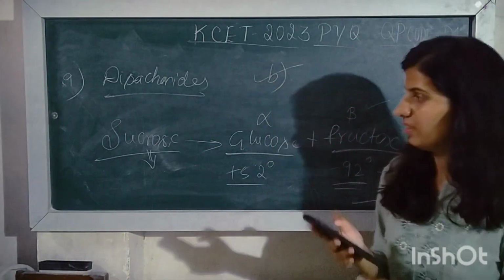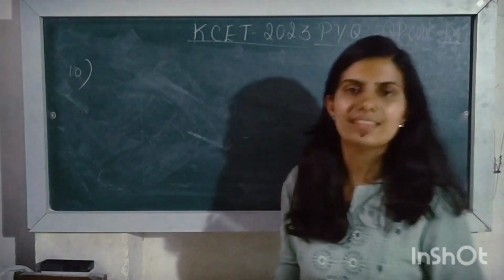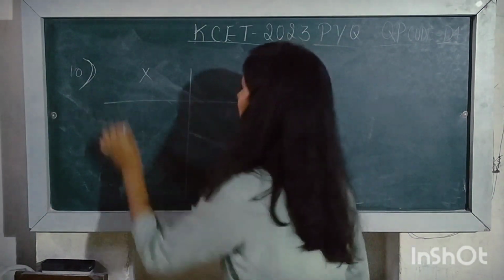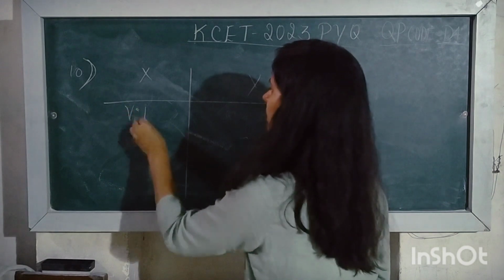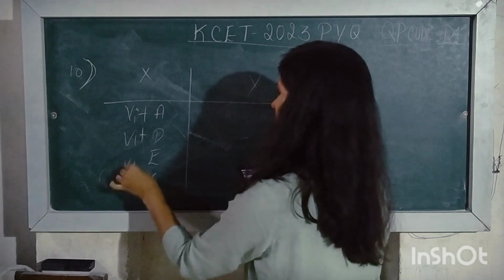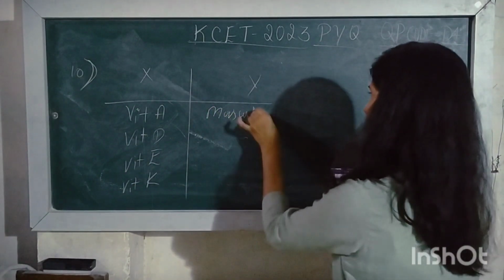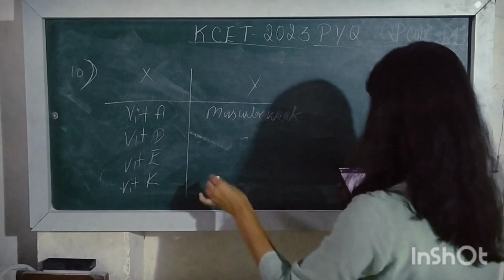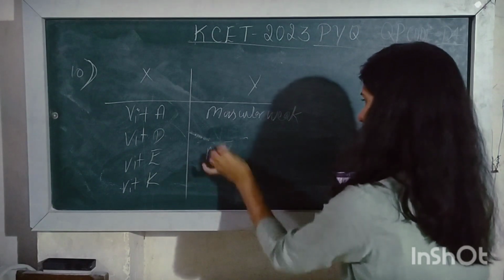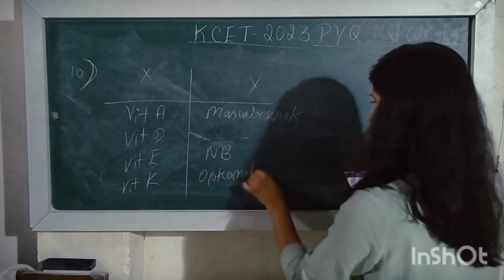Let's move on to the next question, that is the 10th question. They have given two columns here, X and Y. Here they have given vitamin A, vitamin E, and vitamin K. Here they have given night blindness, dementia.